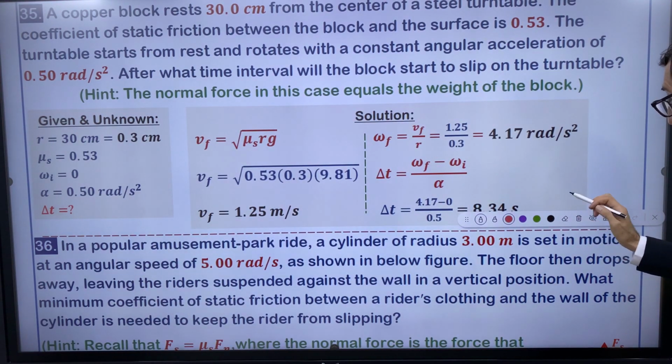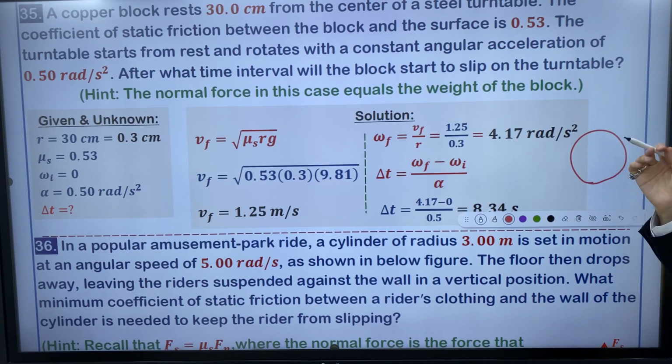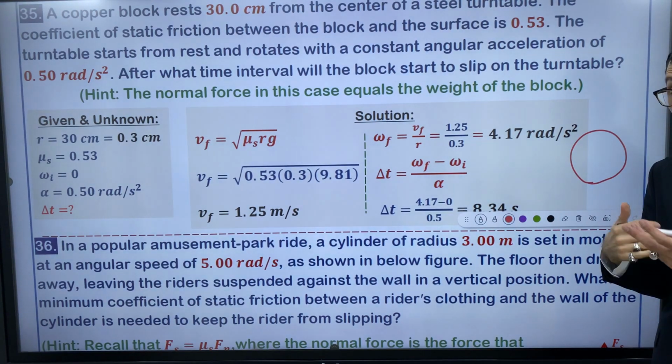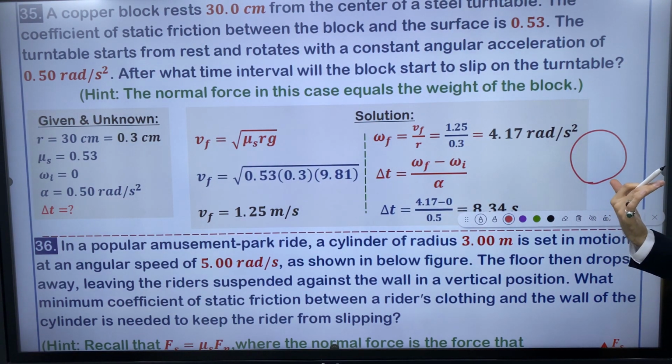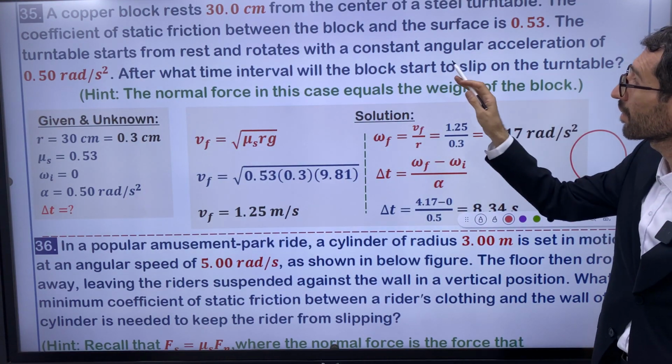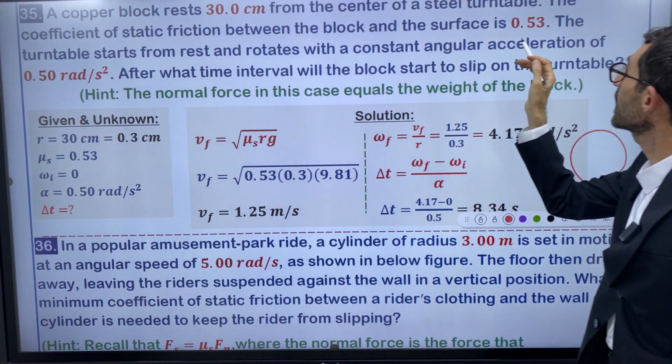What does it mean? I'm sure you know, you are better than me in imagination. It says a copper block rests 30 centimeters from the center of a steel turntable.